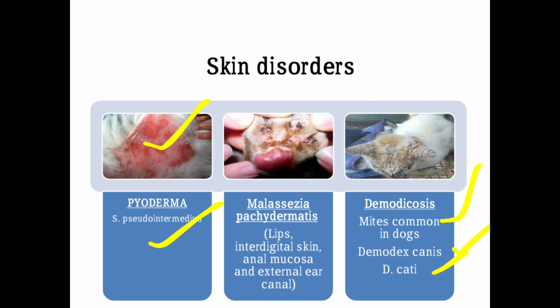In demodicosis there will be dehydration and generalized scabies all over the body, especially around the face, where bilateral areas of the face are affected, and other body parts may also be involved. These may be generalized or localized. So let us have a deeper look at demodicosis in detail.